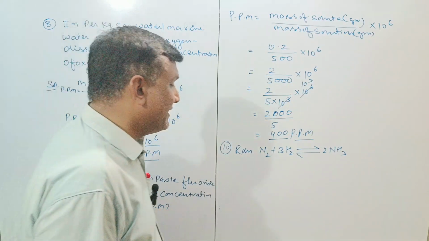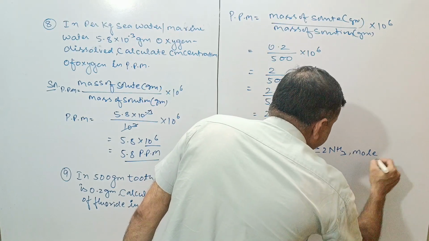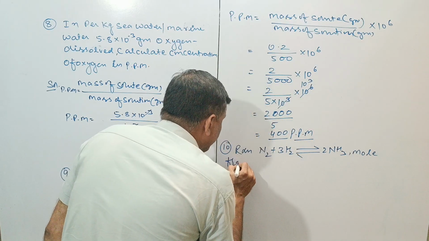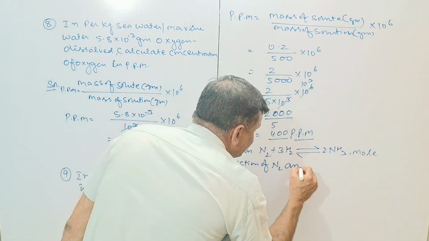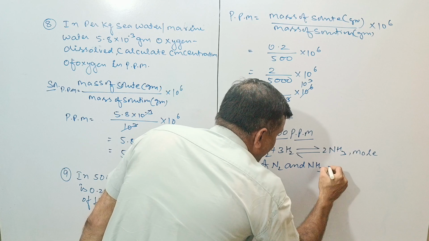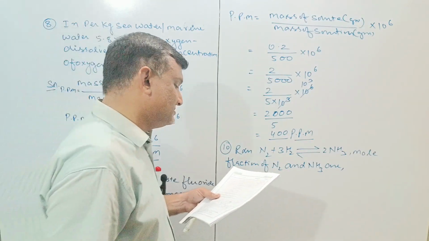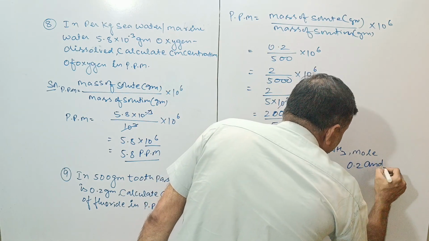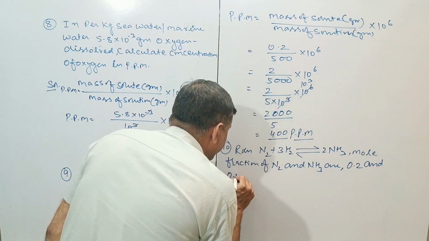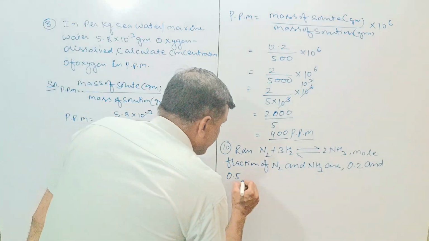The mole fraction of N2 and NH3 are 0.2 and 0.5. Calculate the mole fraction of H2.